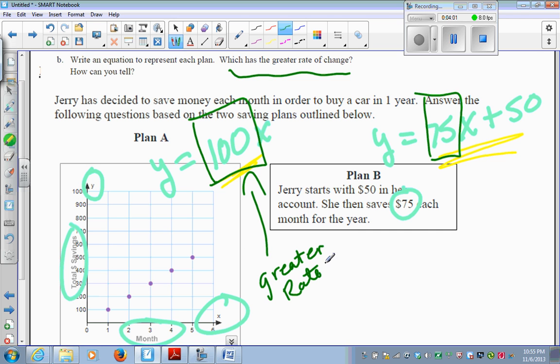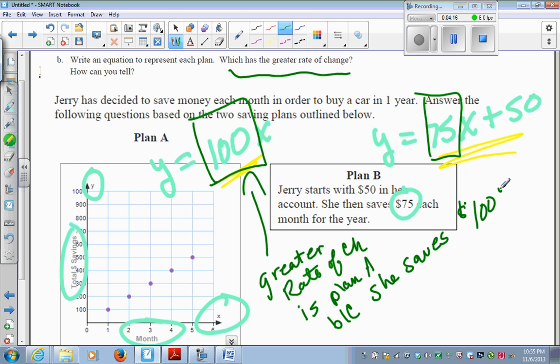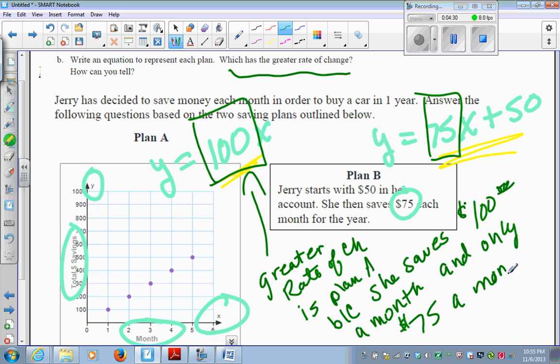Greater rate of change is Plan A, and that is because she saves $100 a month and only $75 a month with Plan B.